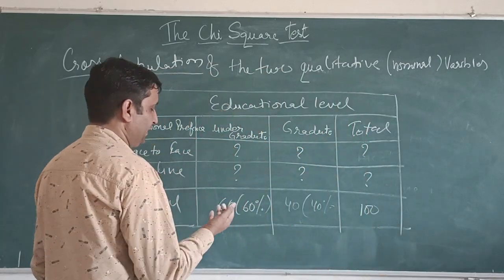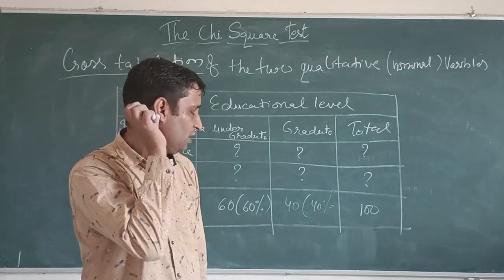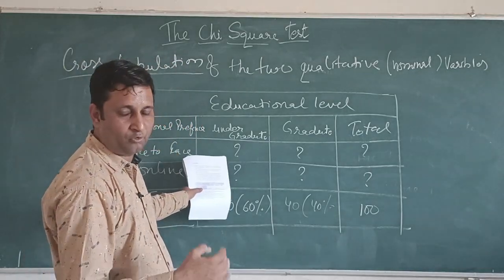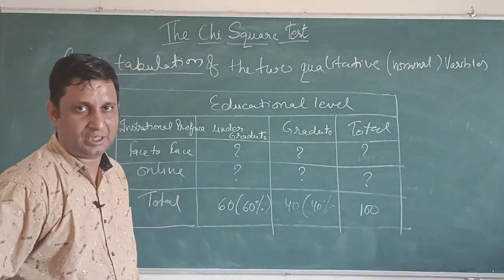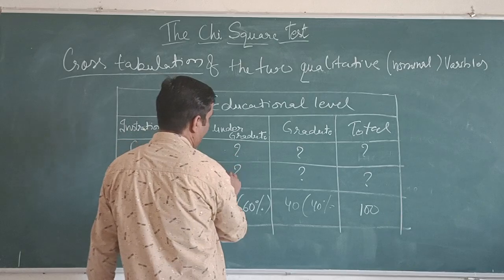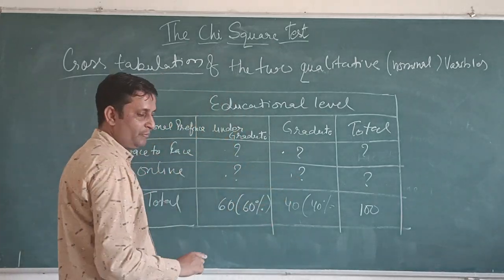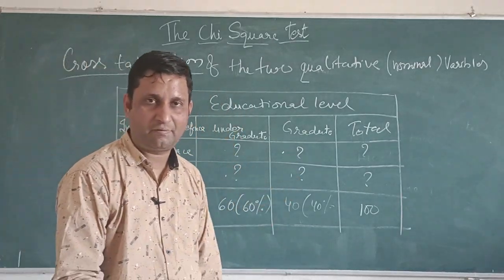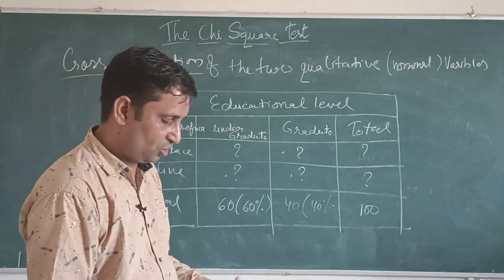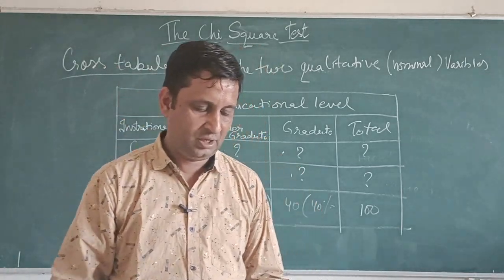This is our basic educational level table in which we will put our actual data, or we can say our virtual data, and the percentage criteria will be the same, which we will study after some time. Okay. Next we will go to the table.